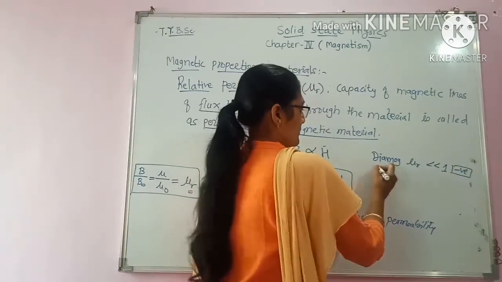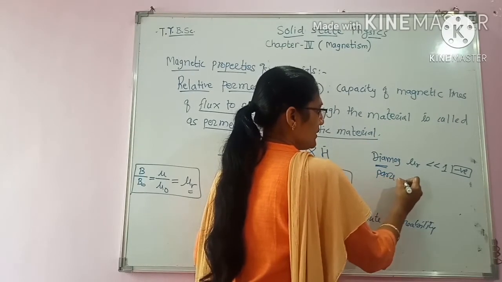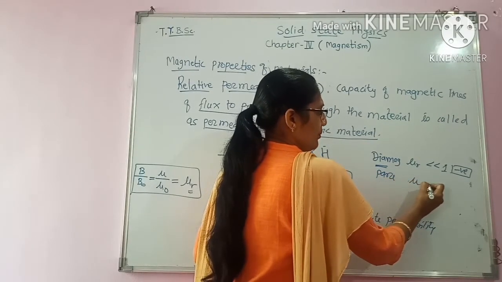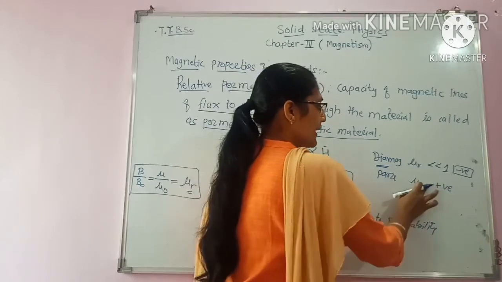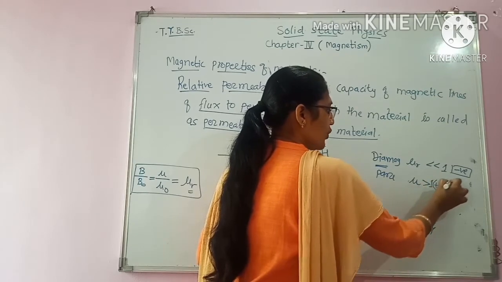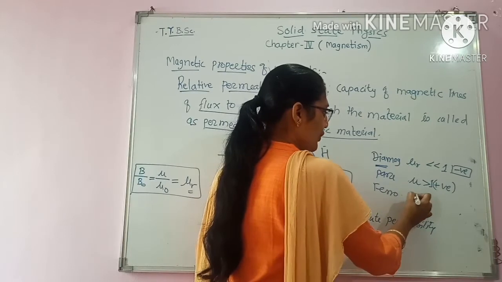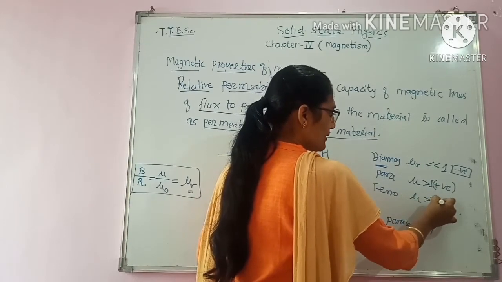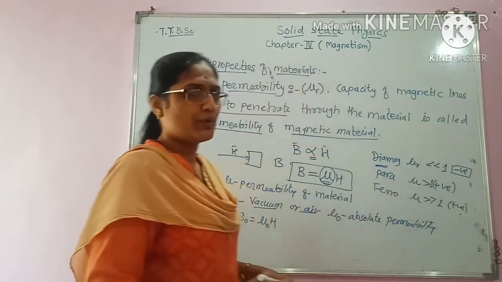For paramagnetic materials, the permeability value is positive, that is, greater than 1. And for ferromagnetic materials, the mu value is greater than 1, and it is also positive.